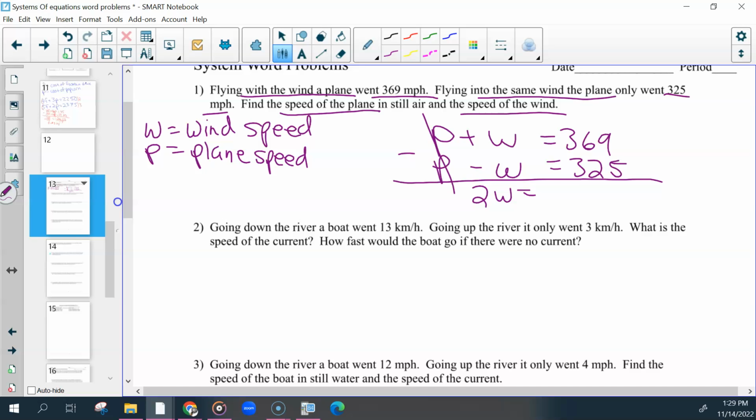369 minus 325 would give us 44. Divide both sides by 2. And then your label would be whatever it says, so miles per hour.